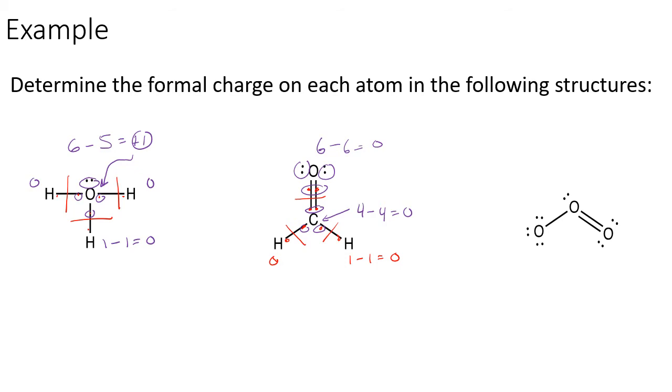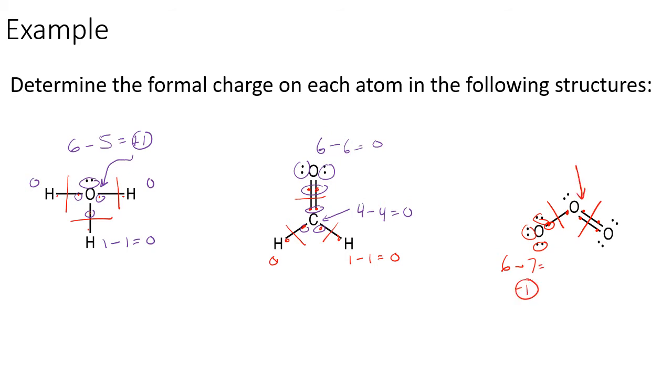And then on our last one, which is O3, it's called ozone. Let's break our bonds. We're going to have 1 electron here, 1 here, 2 here, and 2 here. So starting on the oxygen on the left, we're going to have 6 minus, we got 2, 4, 6, and then 1 there, 7. So 6 minus 7, that oxygen is a negative 1 formal charge.